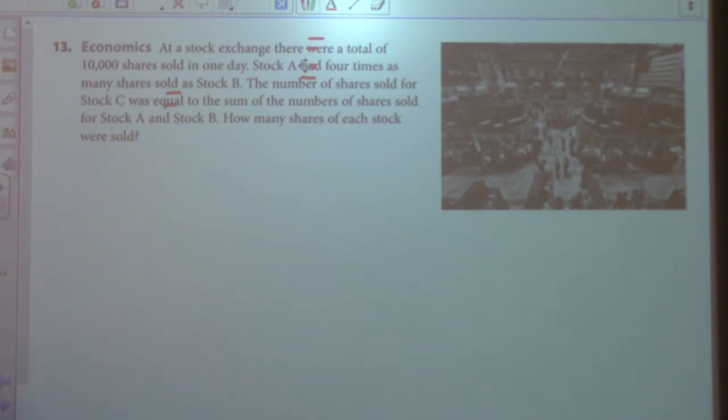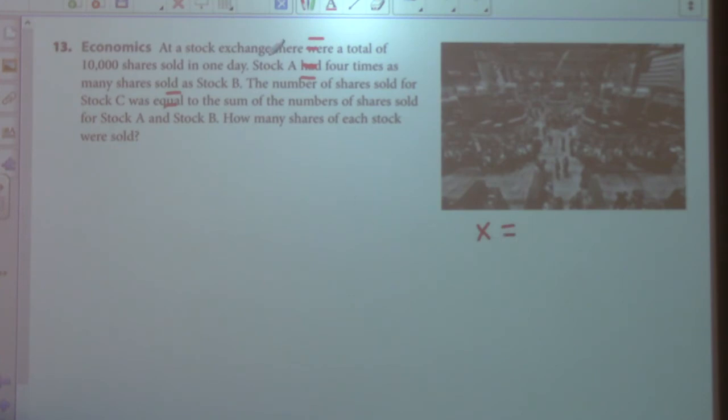Okay, for this one here, we have Preston. So Preston, what systems do we have here? What are your equations? You got any equations worked out? X equals.